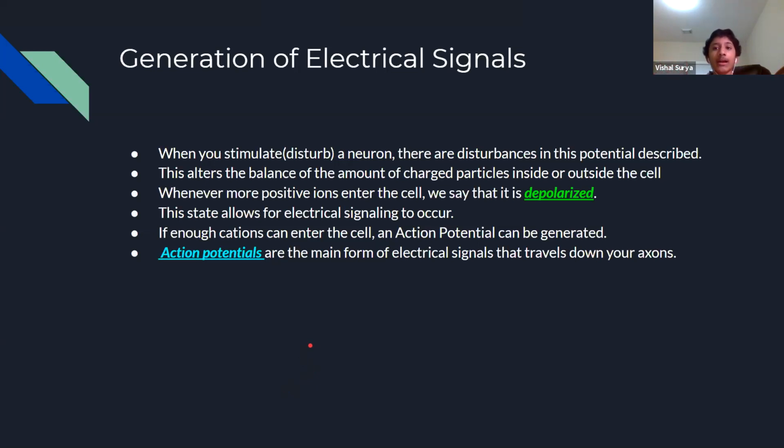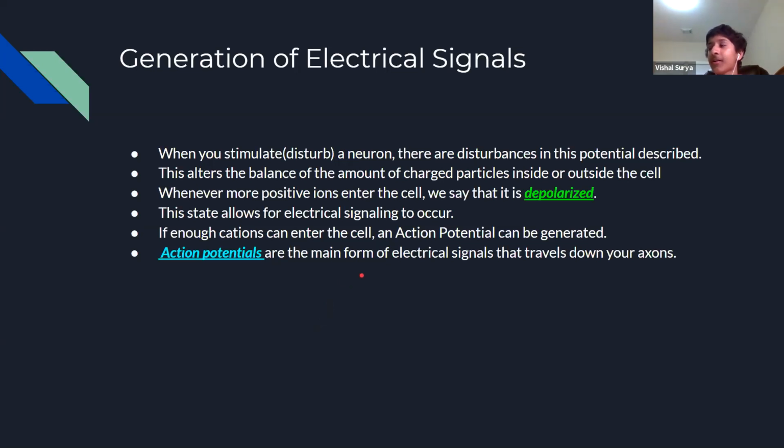So whenever more cations or positively charged ions enter it, that means the amount of positively charged ions on the outside of the cell and on the inside of the cell are getting more similar. So this state allows for the electrical signaling to occur. Whenever the neuron is depolarized with more positive ions in, that allows for more electrical signaling. So that's a good thing to draw there.